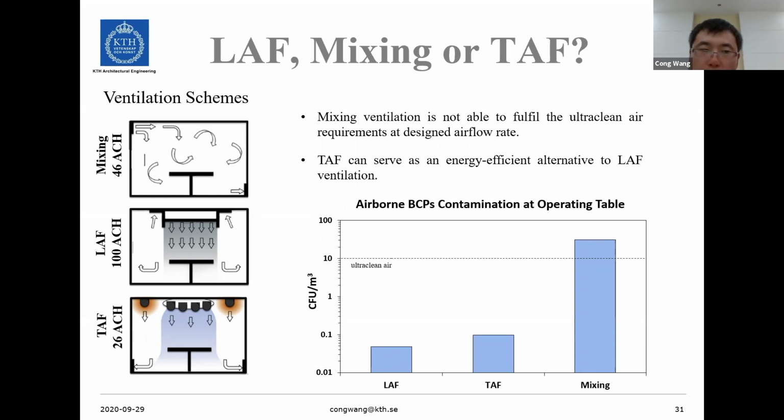But if we recall their airflow rate, laminar flow ventilation uses 100 air changes per hour, but temperature-controlled airflow ventilation uses only 46 air changes per hour. So it's less than half of the flow rate of laminar flow ventilation. Based on the findings, we can say that temperature-controlled airflow ventilation can serve as an energy-efficient alternative to the laminar flow ventilation.